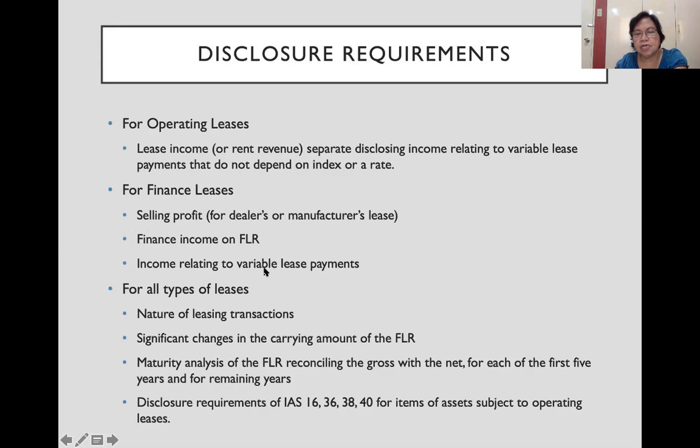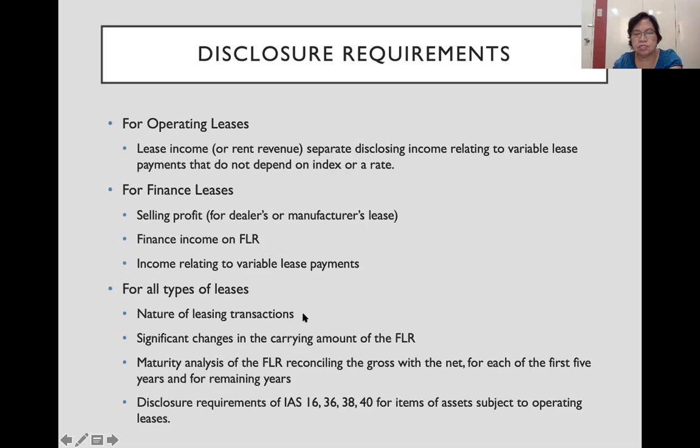Then income relating to variable lease payments, meaning contingent rentals. So contingent rentals, regardless of the method used, are to be accounted for in profit or loss during the period that it is earned.